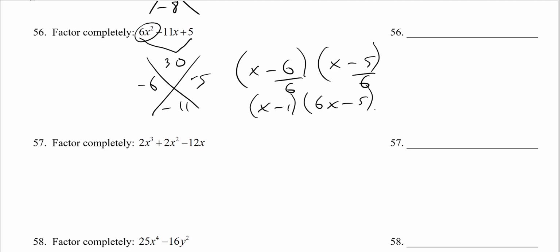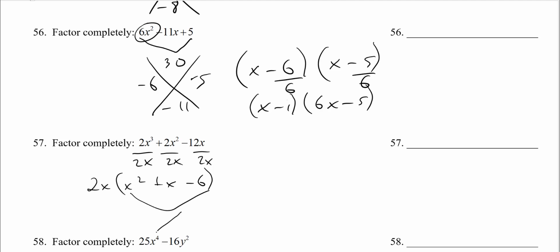And guys, this is an easy problem to check too, especially with multiple choice. Foil it out and see which one you get. Okay? All right, 57. I'm going to do greatest common factor first, which you should always do, which is 2x. So I get 2x, and then I get x squared plus x minus 6. And you should recognize that you can factor this one as well.